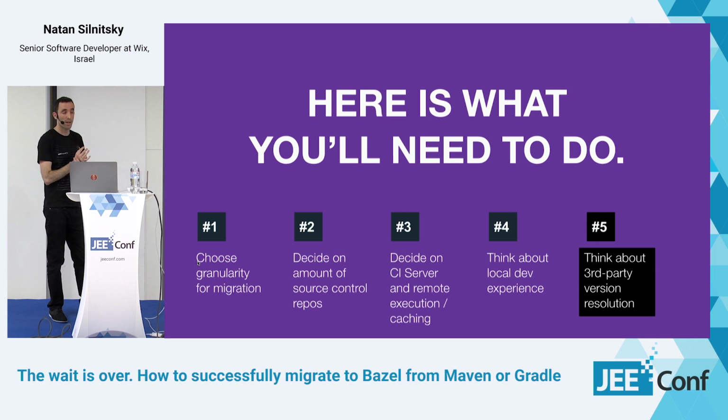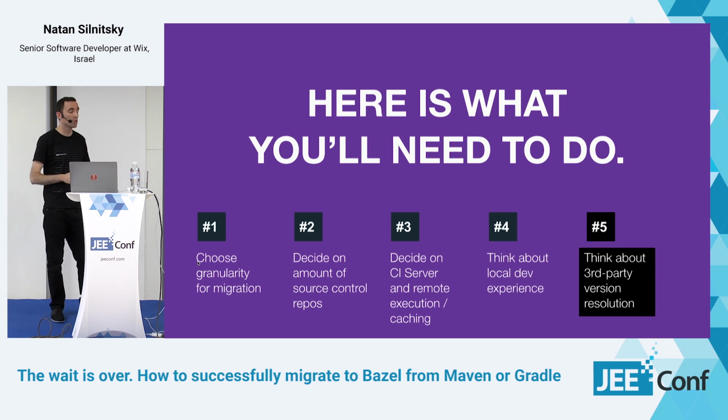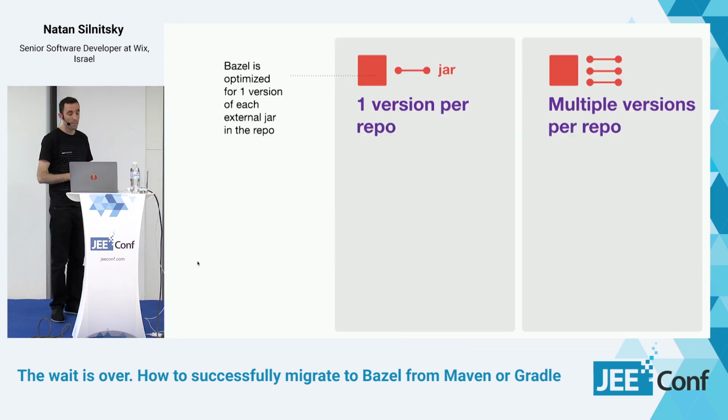And finally, very important as well, third-party dependency management and version resolution. So Bazel is optimized for one version for each external jar in the repository.